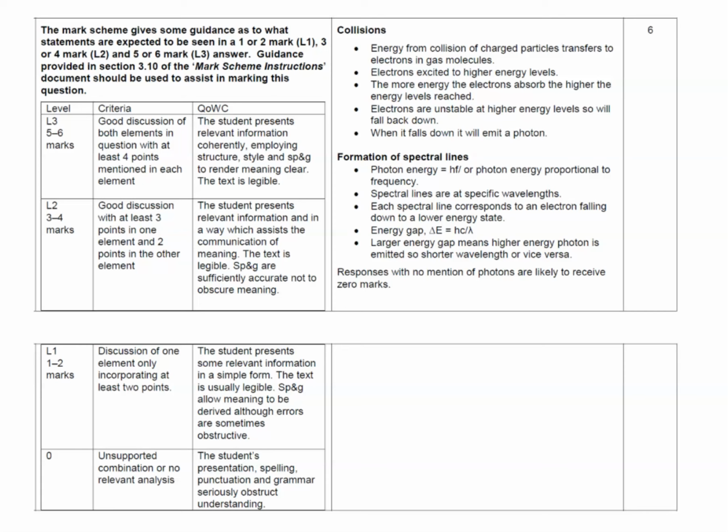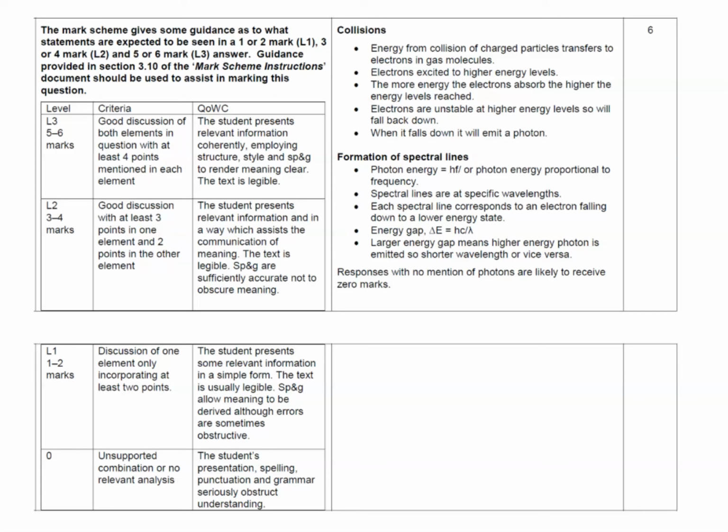This comes out as an equation in the fourth point. We've obviously got different transitions referred to in the third point, so each spectral line represents a different sort of transition between a pair of energy states, with an electron falling down to a particular lower energy state. And finally, the last point, you can actually get credit for the inverse relationship between photon energy and wavelength.